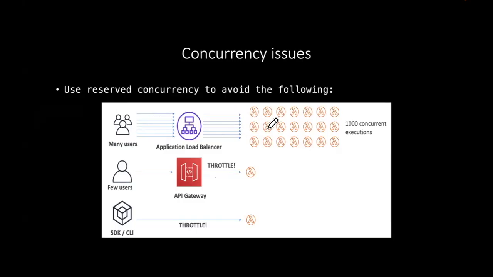So we've now got 1,000 micro VMs being used by this application, which means that for the second and the third application, if any events are targeting those lambdas, then there's going to be a throttling error response sent back to the client.